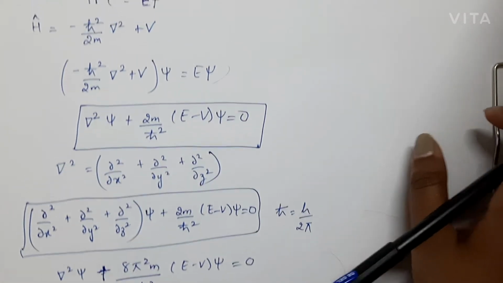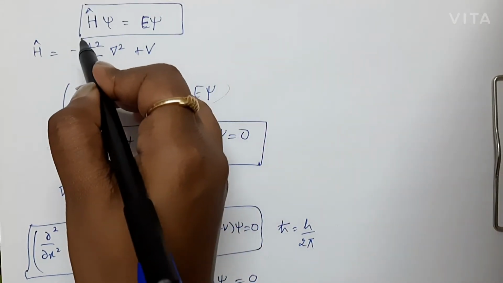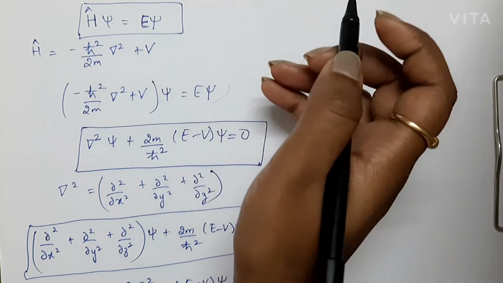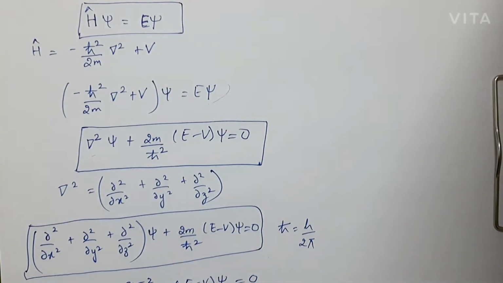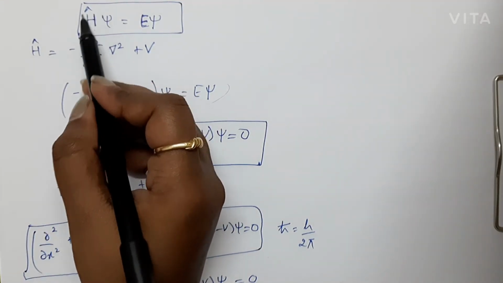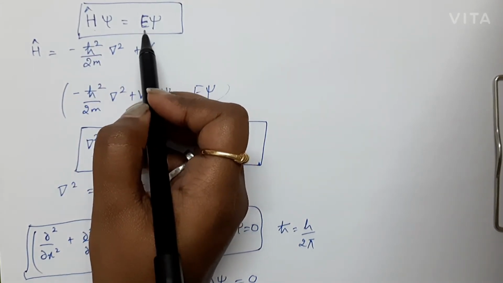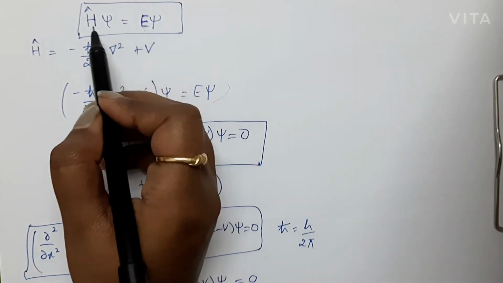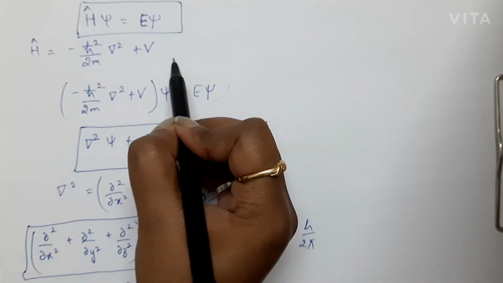What you should know is that this is an eigenvalue equation, and using it we have derived this. We have used an operator H, which is for the corresponding observable E, right? For the energy observable we use the Hamiltonian operator, and the value of this Hamiltonian operator is this, okay?